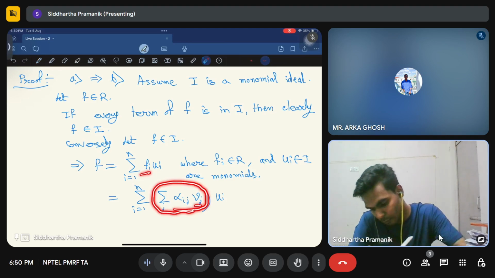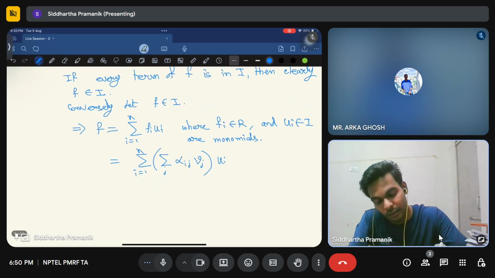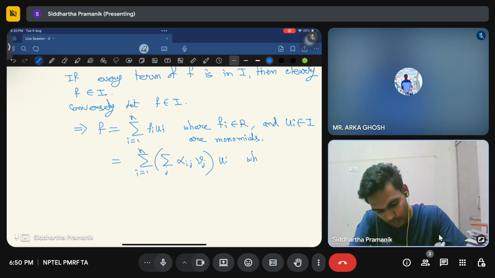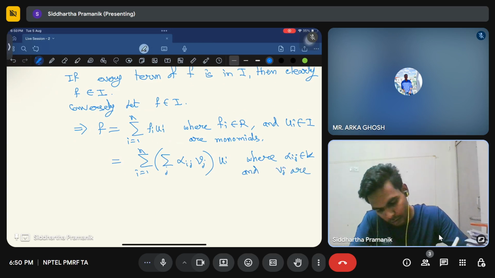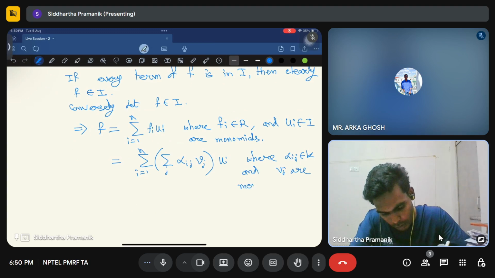These v_j's are monomials and alpha_ij are scalars. Alpha_ij belongs to k and v_j are monomials in R.